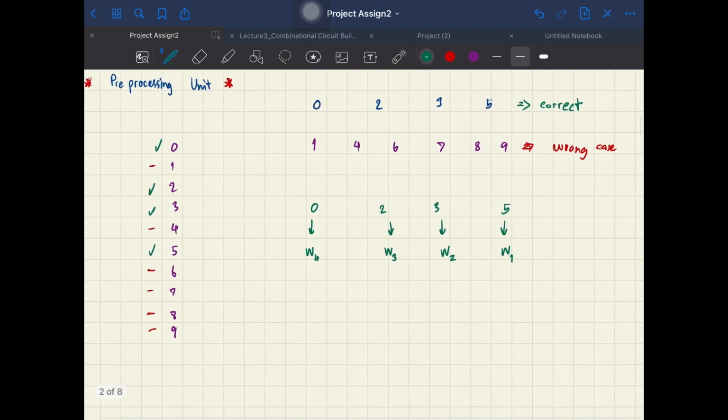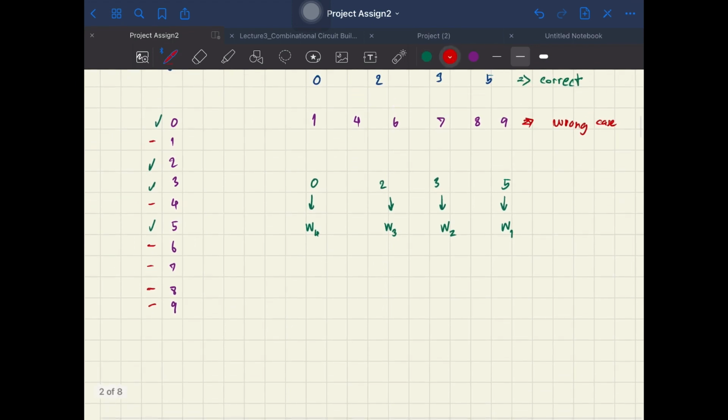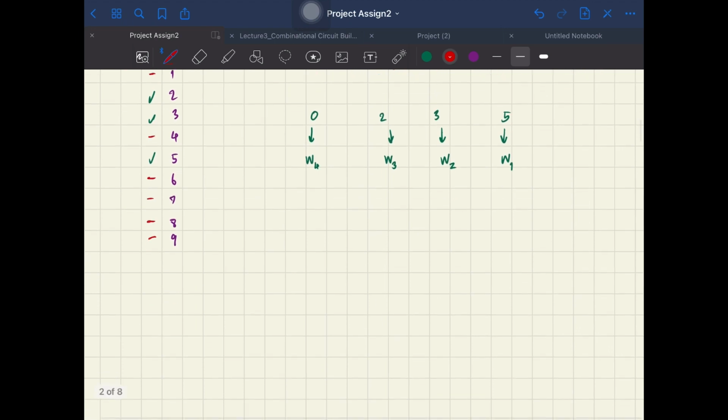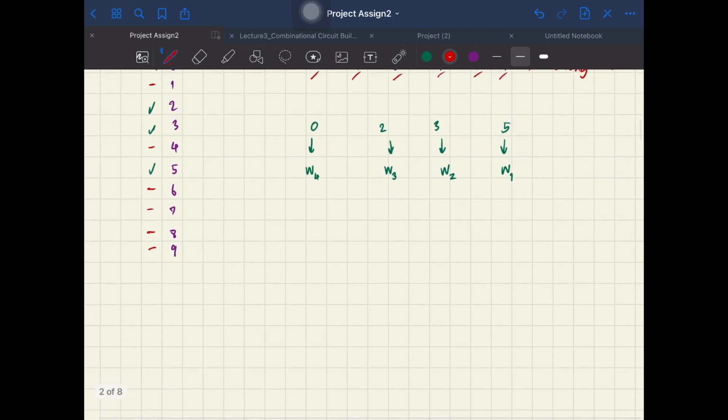And go back to the wrong case. Wrong case has about 1, 2, 3, 4, 5, 6. It has about 6 things here. And how do I deal with these numbers? So I will write 1, 4, 6, 7, 8, and 9.